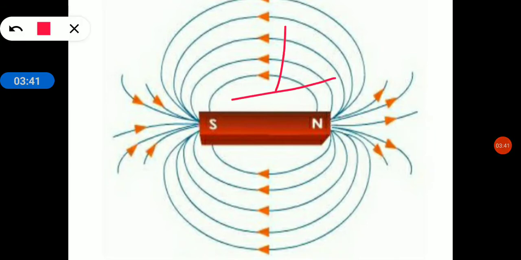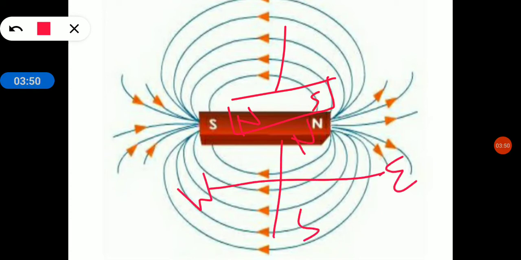If you suspend a magnet, with the directions east, west, north and south, the magnet will become stable pointing towards north and south. So geographic north will be your north pole and geographic south will be your south pole.